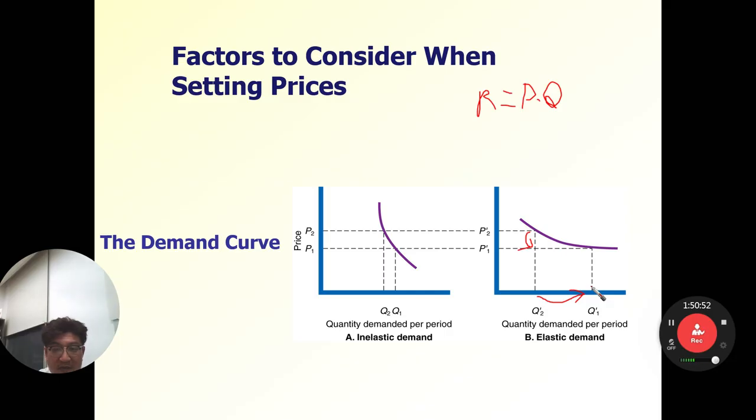Which one is bigger? Yes, obviously P1, Q1. This is the bigger rectangle. So in this case, our revenue increases when we decrease the price, because it increased the quantity.